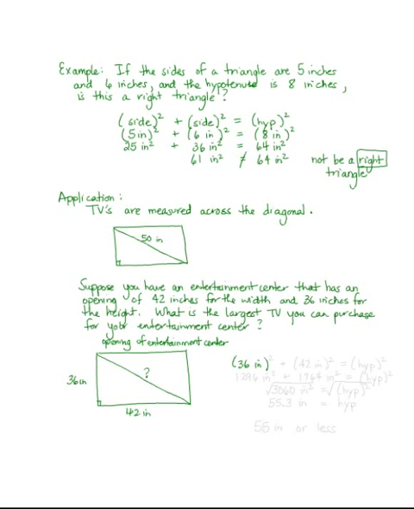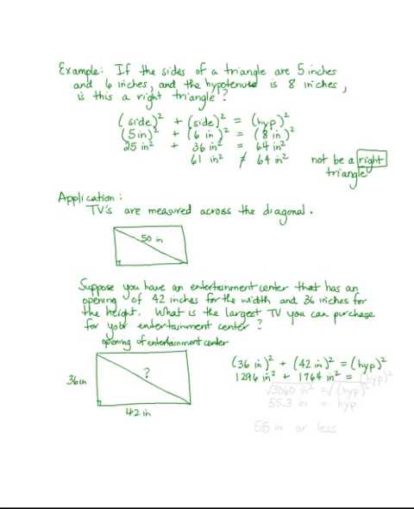So we have side squared plus another side squared equals the hypotenuse squared. So 36 inches quantity squared would be 1,296 square inches. 42 inches quantity squared would be 1,764 square inches.